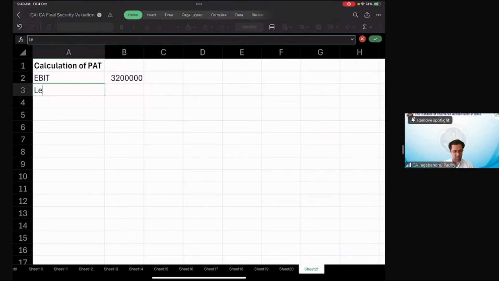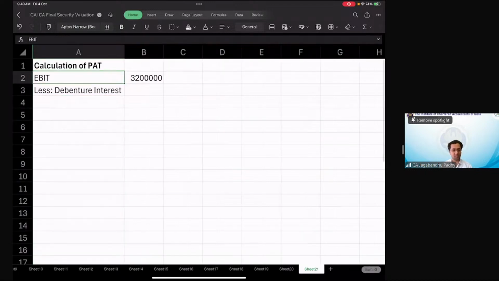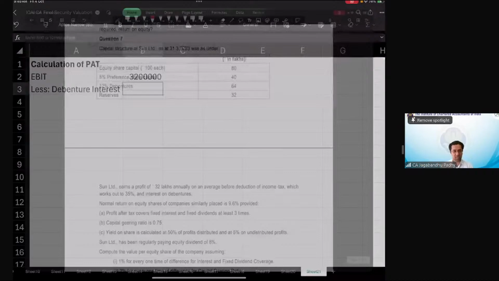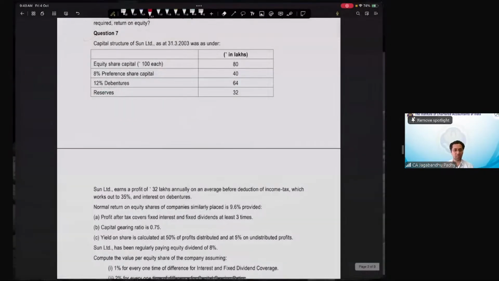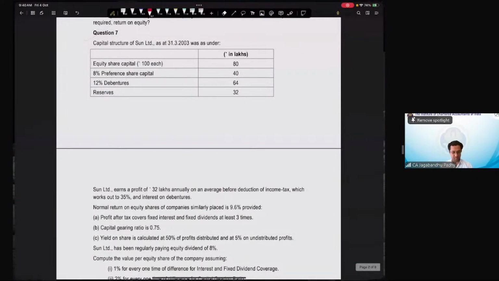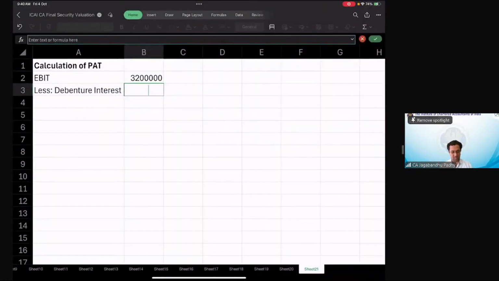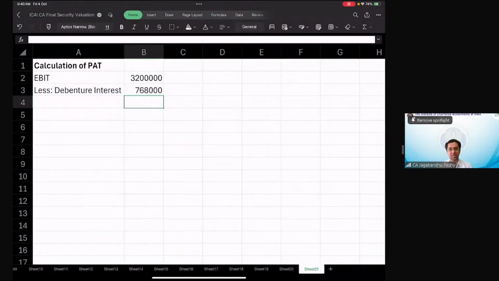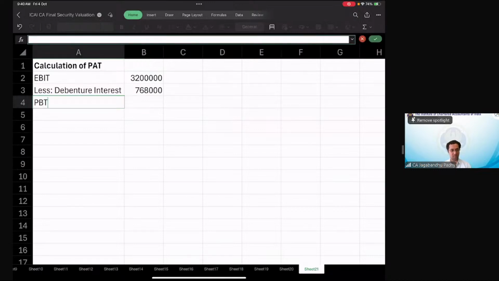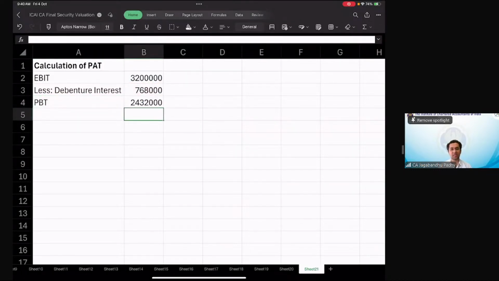Now from that, of course, we are going to reduce the debenture interest. So debenture interest is going to be how much, guys? Debentures are 64 lakhs. On 64 lakh, 12%. So 64 lakh into 12%, so 7,68,000. So we have profit before tax as 32 lakh minus this. So that works out to be profit before tax.